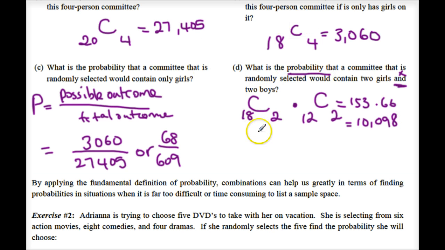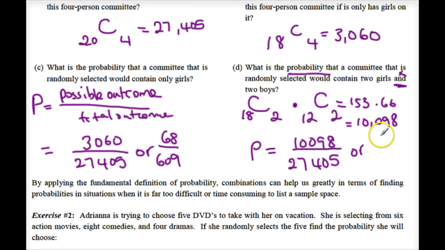Now the question said, what's the probability here? So again, the probability is your possible outcome, which is 10,098, over your total outcome, which is what we had from part A, 27,405, or you can simplify if you want to 374 over 1015.